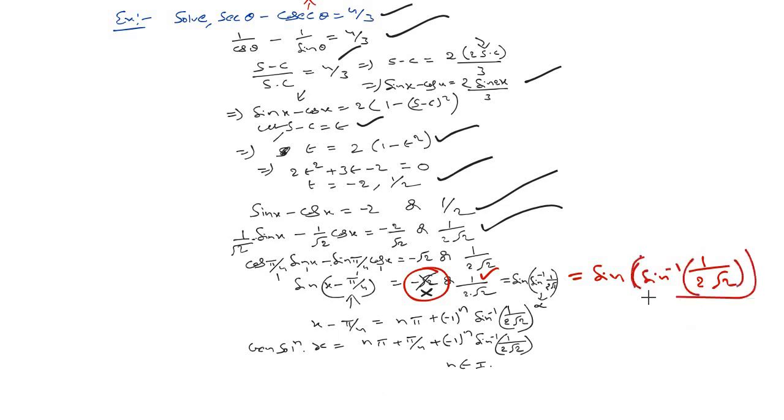So in the next step I have considered this as alpha and I have proceeded with the general solution. So it is x minus pi by 4 equals, here it is x, that's why x equals n pi plus minus 1 whole power n times alpha. Alpha is clearly this, so substituted. Finally I got the general solution. I think it is very clear for you, once revise the solution.